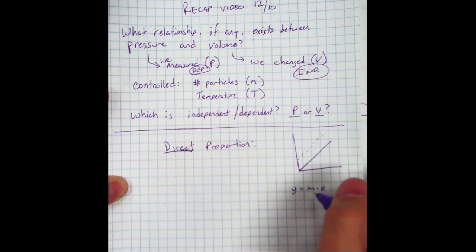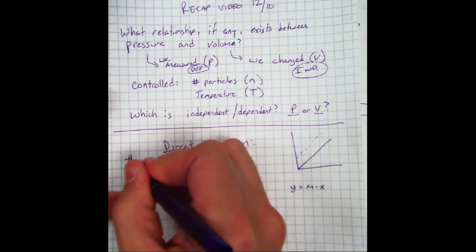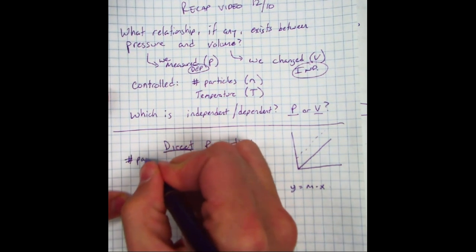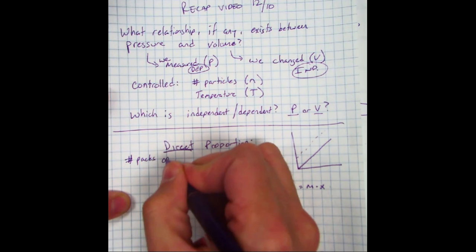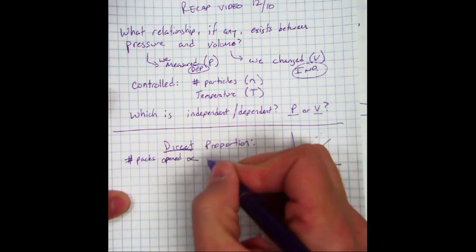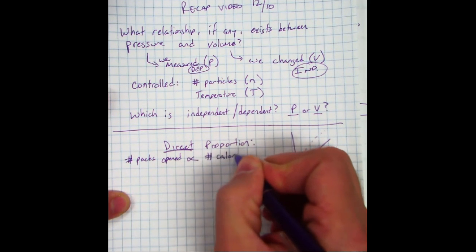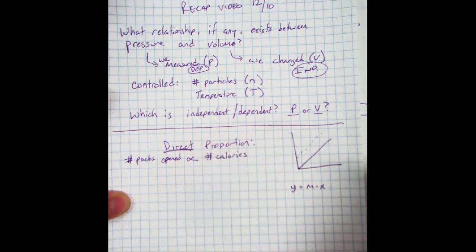So what's an example of a direct proportion? Well, we had one in class, and that was the number of packs opened was proportional to the number of calories eaten, or the number of calories in the bag.